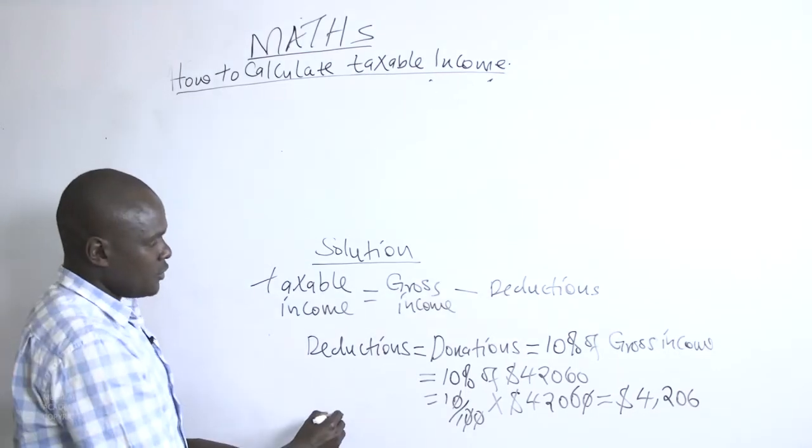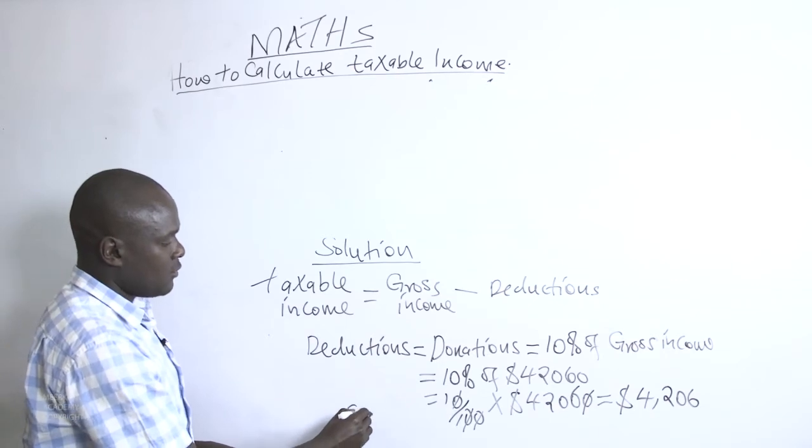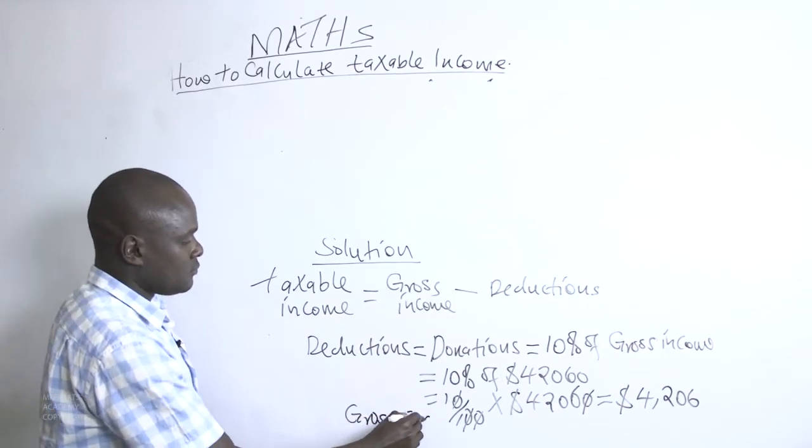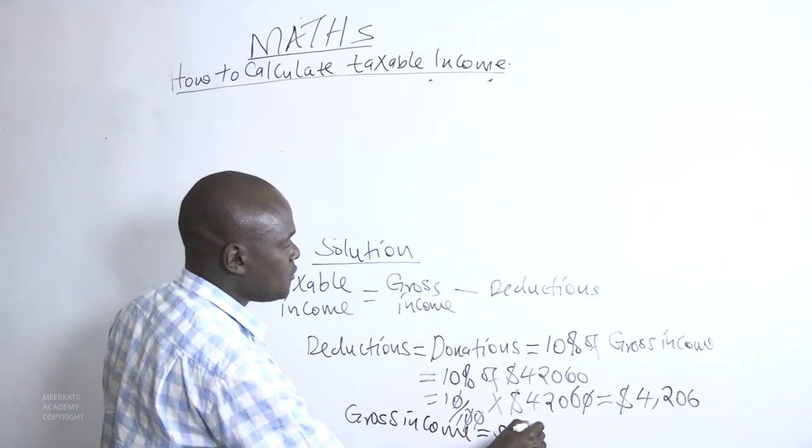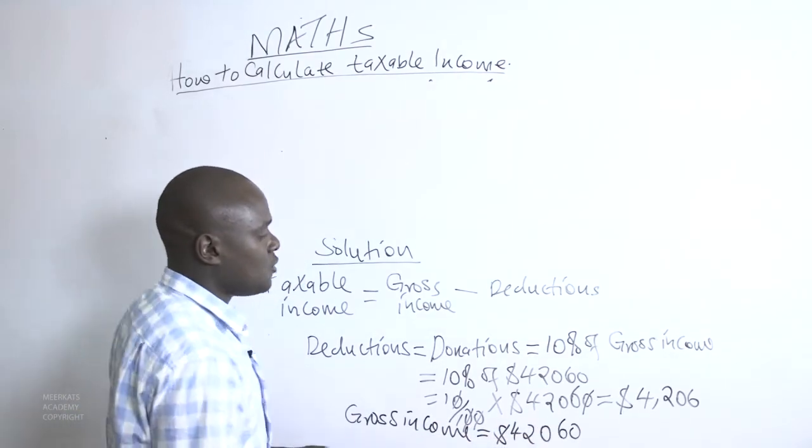If we have that donation, and also remember we have our gross income. Our gross income is $42,060.